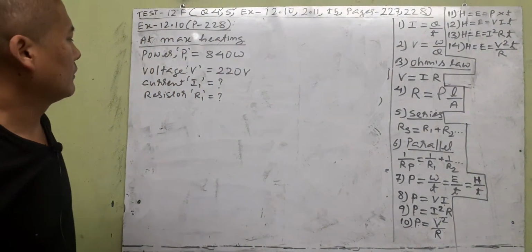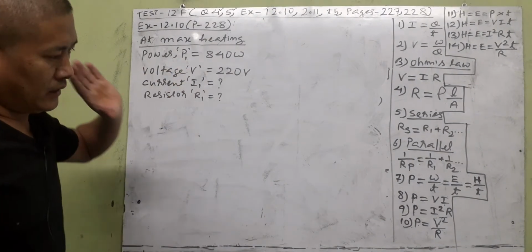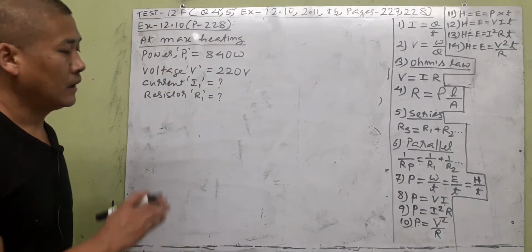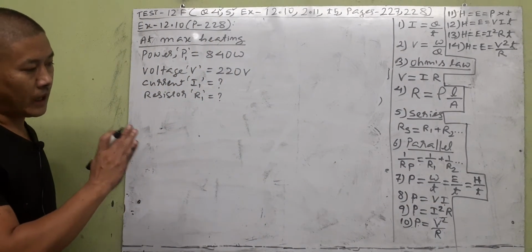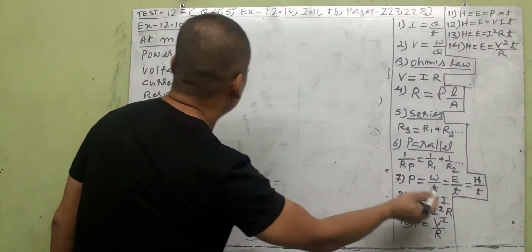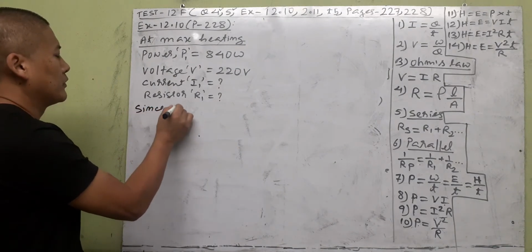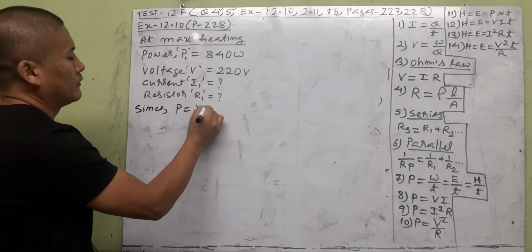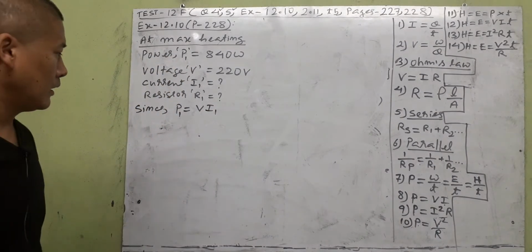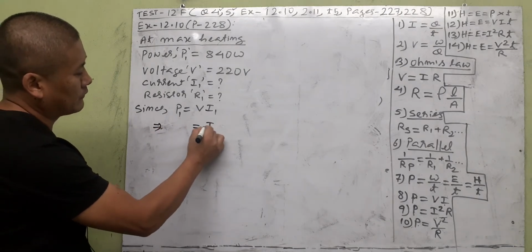To find I, maybe we can start with P, V, I. Any formula related to that? Yes, P, V, I. So we can use formula 8 to find out I, because we already know P is 840 watt, V is 220 volts. By the famous power equation P equal to V into I, which means P1 equal to V into I1, we want to find I1.